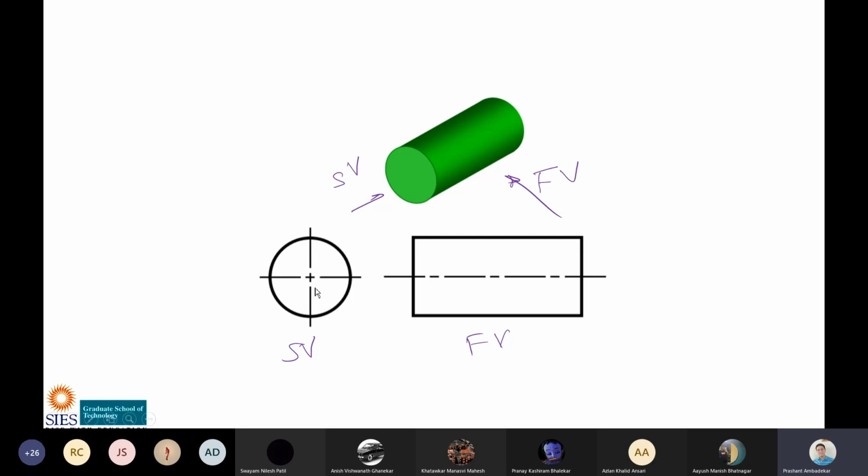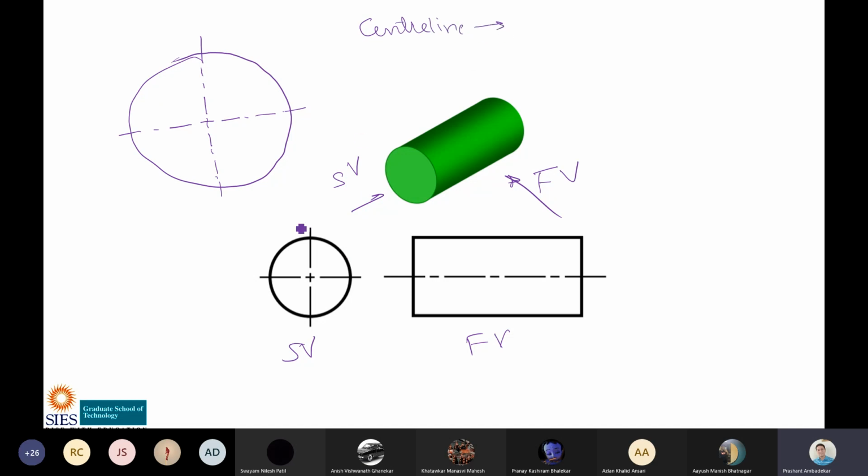Let me tell you something about this. Whenever we draw a circle like this, here we will draw a center line. Notice the way I have drawn the center line. What is a center line?